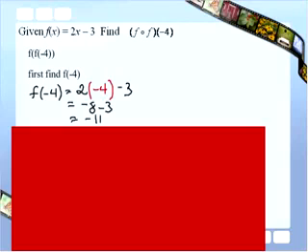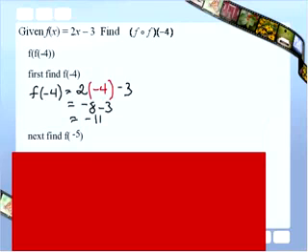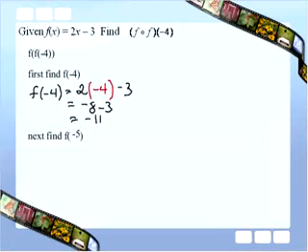From there, we're going to take that number and we're going to do it again. f of f of negative 4 means to first find f of negative 4, then take that number and substitute it back into your function f. So when I do that, I'm going to be finding f of negative 11. And I apologize because that's not the correct number there. So let me fix that. So it will be f of negative 11.